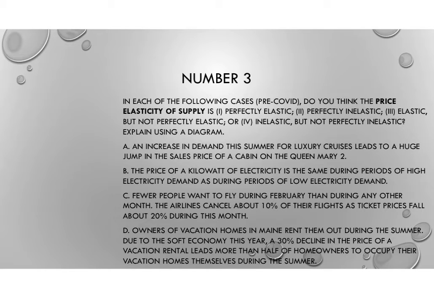For the third question, this is the one that was perhaps a little bit most ambiguous. First of all, here we're dealing with price elasticity of supply. Remember, there's a direct relationship. If there is an increase in price, we know that the quantity supplied is also going to increase.